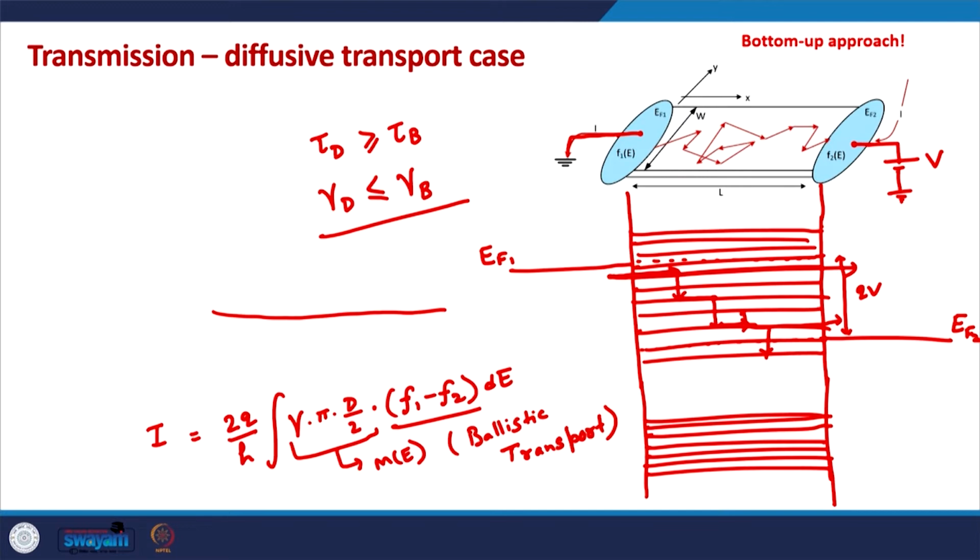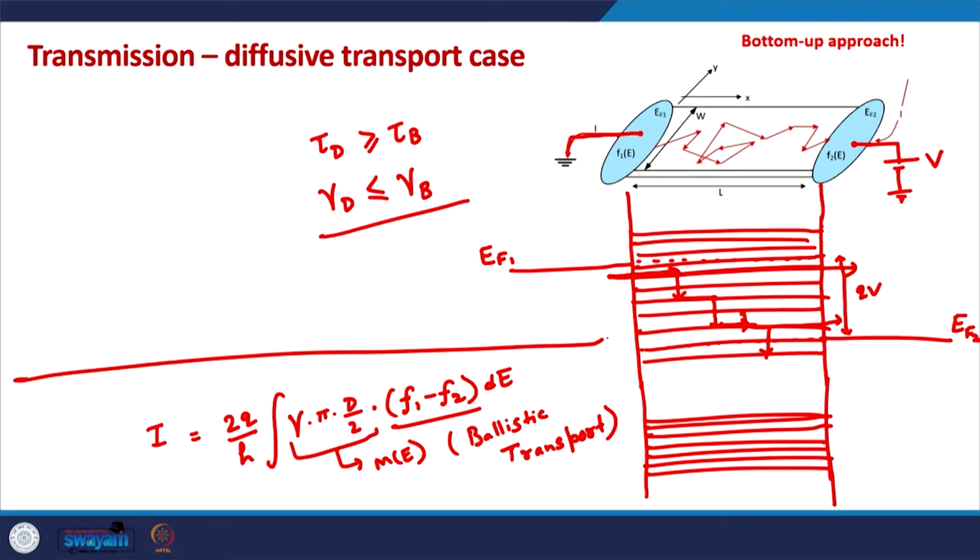So, this quantity gamma pi d by 2 in the diffusive transport case will be less than or equal to the number of modes, because this is gamma pi d by 2 in the case of ballistic transport.